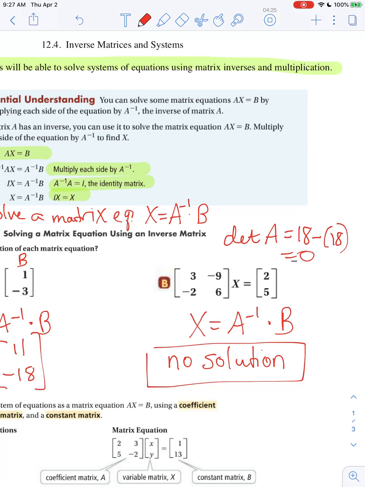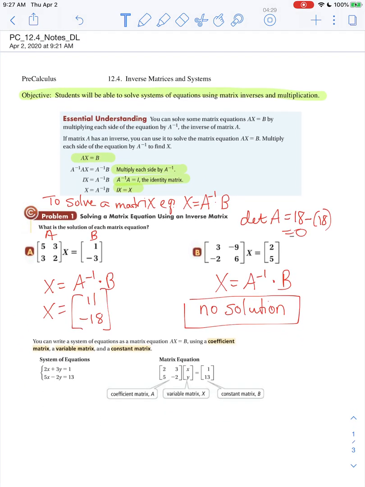So you do have to be careful. You're not able to actually get a solution from this matrix equation. And it's because if you remember in 12.3's notes, when you did an inverse, the definition was 1 over the determinant, and then you moved some of the pieces around.